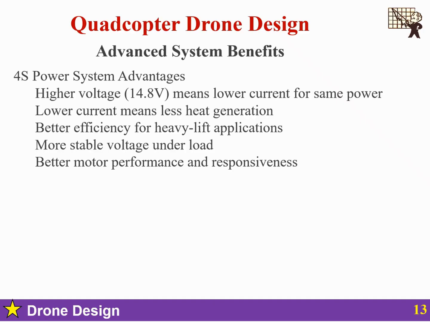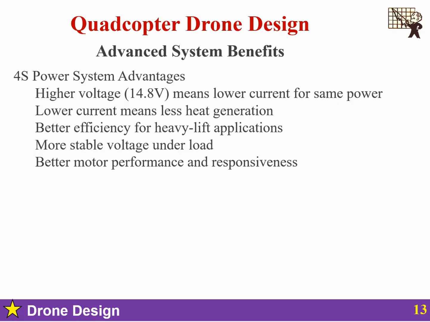Higher voltage means lower current for the same power level, following P equals I times V. Lower current means reduced resistive losses, less heat generation in ESC and wiring, smaller wire gauge requirements, and better voltage regulation under load. System efficiency: at 220 watts per motor, a 3S system would draw nearly 20 amperes per motor, while a 4S system draws only 15 amperes. This 25% current reduction translates to approximately 40% reduction of resistive losses.